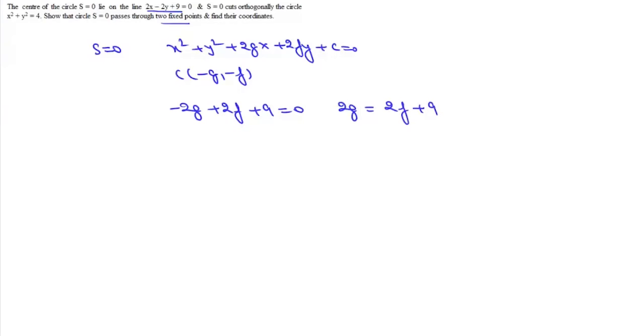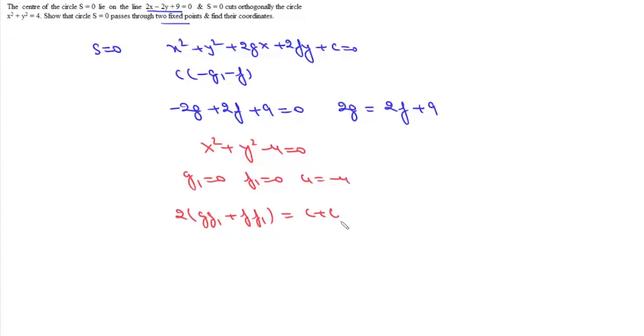Now we are given another condition, which is that this circle intersects this other circle x square plus y square minus 4 equals 0 orthogonally. Now for this circle, G1 is 0, F1 is 0 and C1 is minus 4. Now we know that the condition of orthogonality is 2 times G G1 plus F F1 is equal to C plus C1.